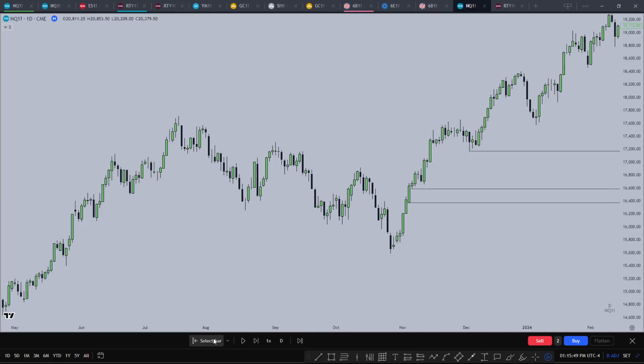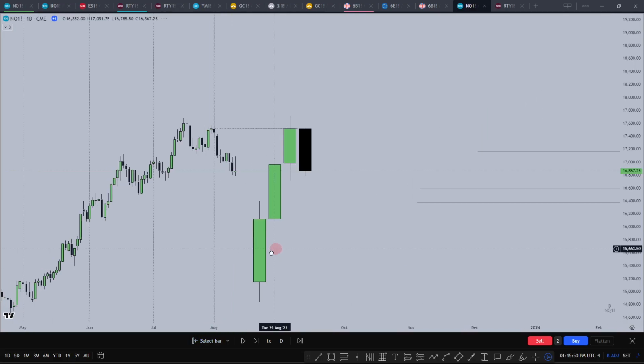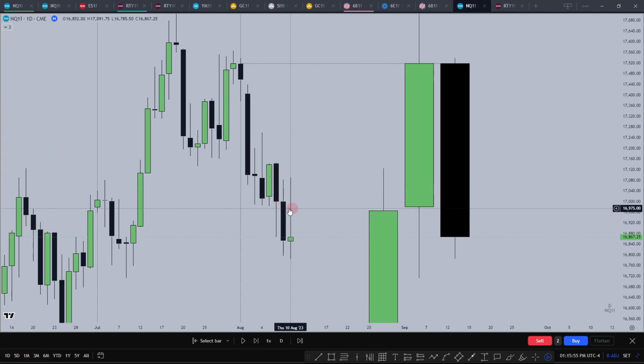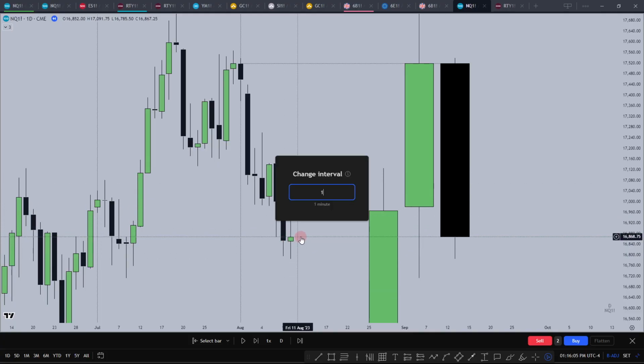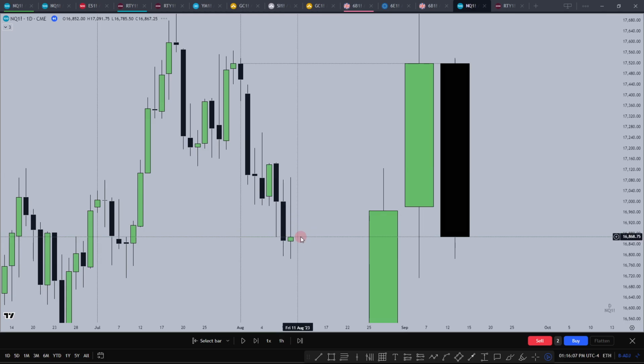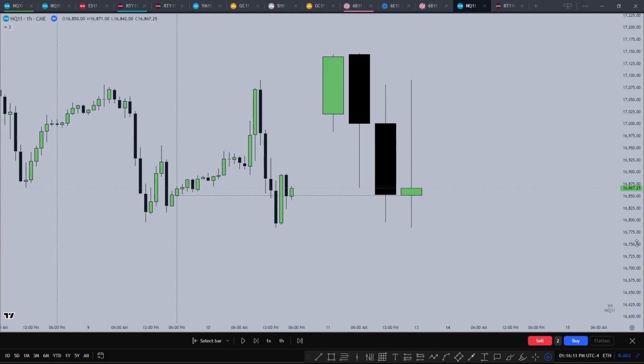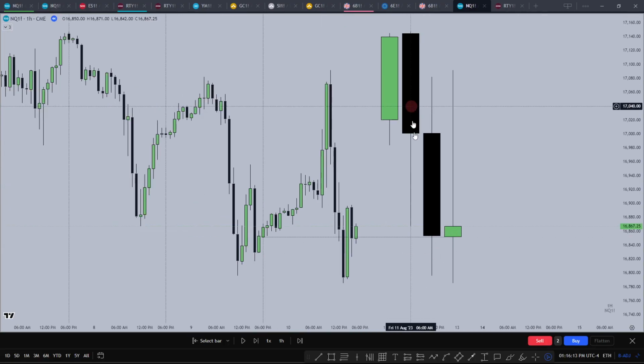This one. Large wick to the upside, right? This candle, OHLC type candle. This bearish large wick candle at open too much high.